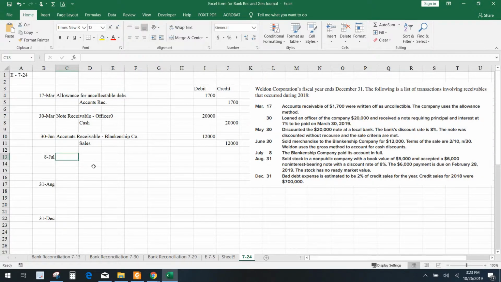So we know the credit is going to be to accounts receivable for the entire amount. And there's going to be a sales discount.